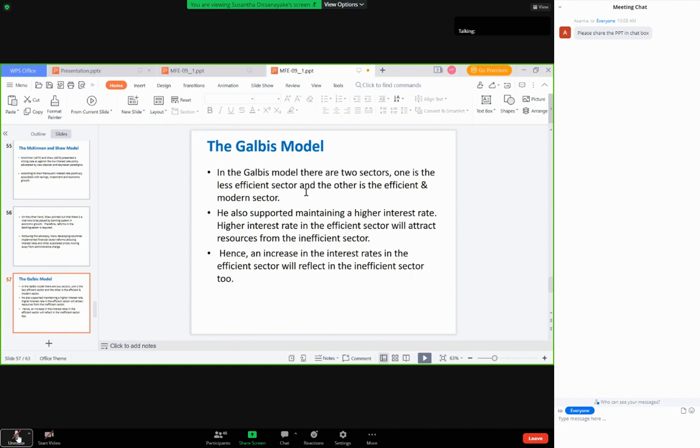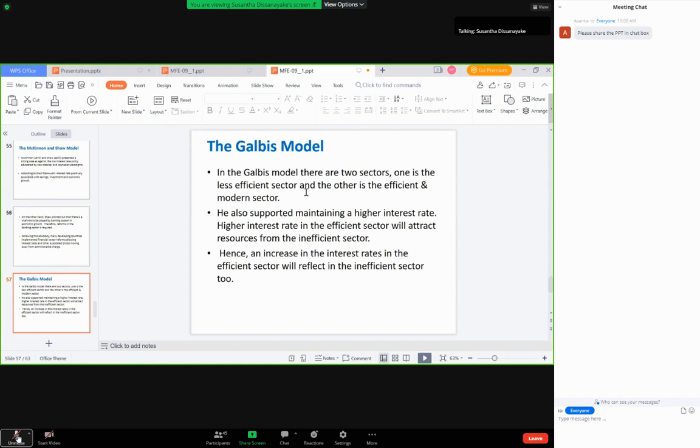He also supported maintaining a higher interest rate. A higher interest rate in the efficient sector will attract resources from the inefficient sector. So here they supported a higher interest rate, but Keynesian and classical supported a lower interest rate. Especially the Keynesians always said a lower interest rate is much required to uplift the economy.